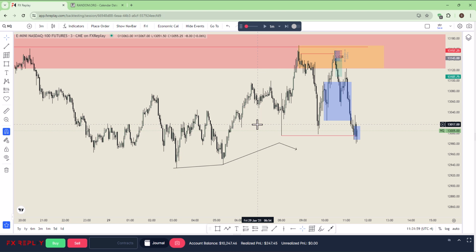So don't go from lower time frame to higher time frame, go from higher time frame to lower time frame. Study the higher time frame, see which direction it will deliver to, whether it is to the upside or the downside, and then go look for the pattern in the lower time frame.